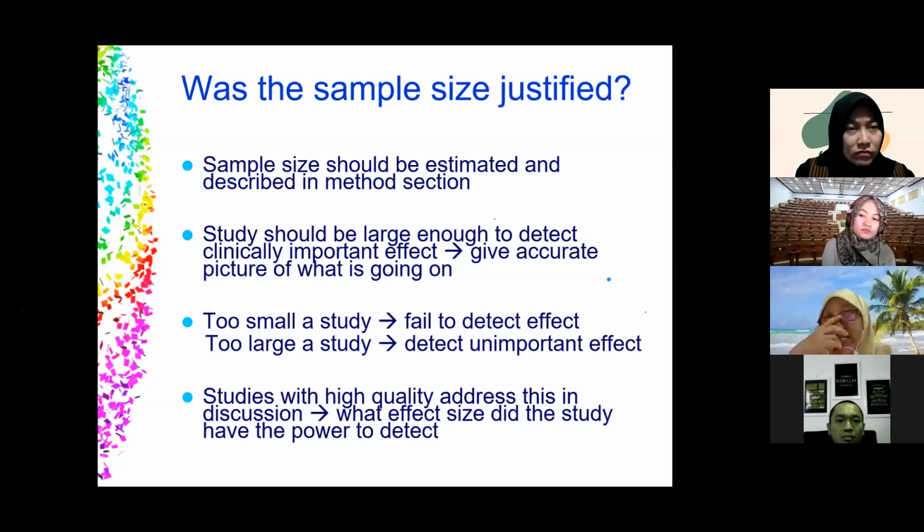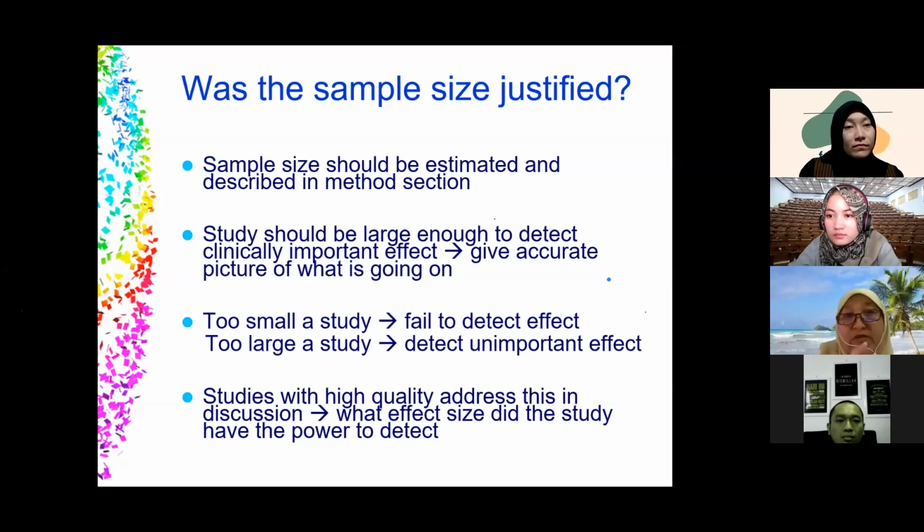Jadi, berapa beza in mortality rate yang we would like to see the difference between treatment A and treatment B, that is of important for you to detect. Maksudnya, treatment A ni, let's say, is an existing treatment. Kalau we treat a cancer patient with this treatment, mortality rate-nya 50%.